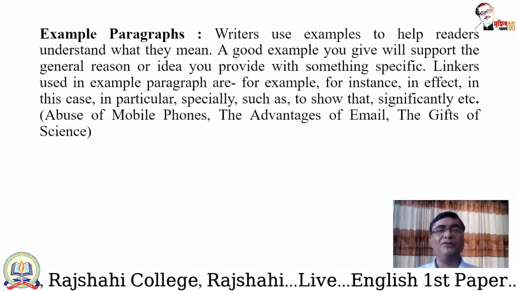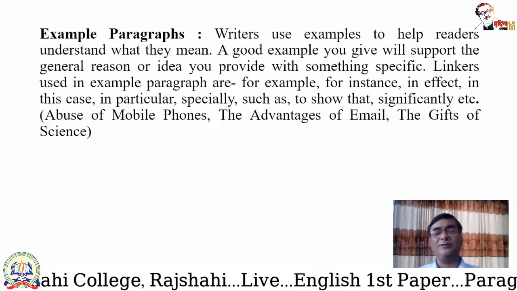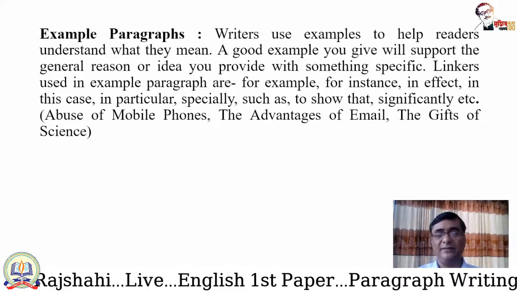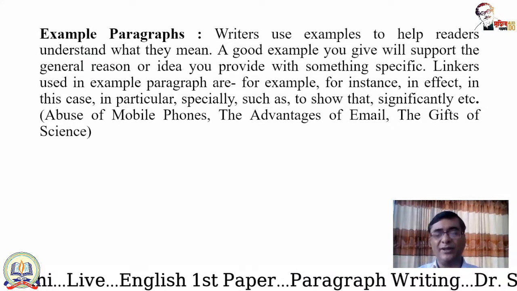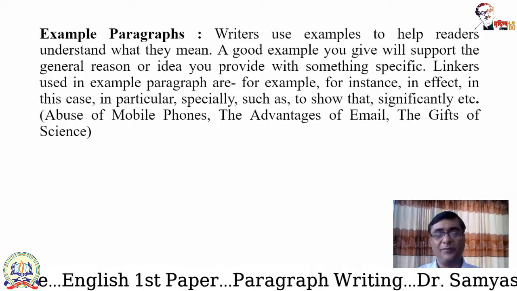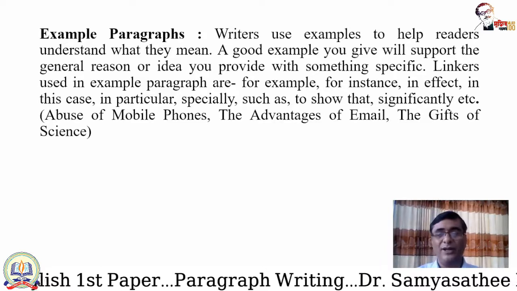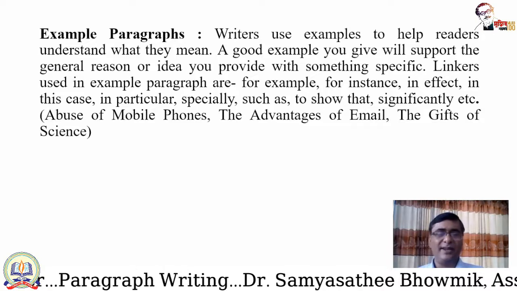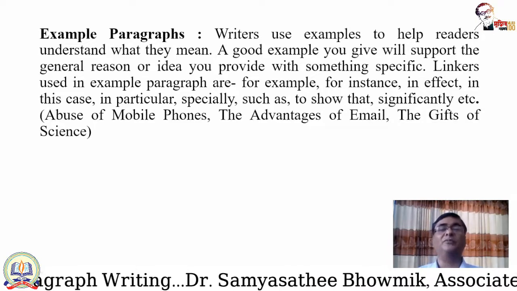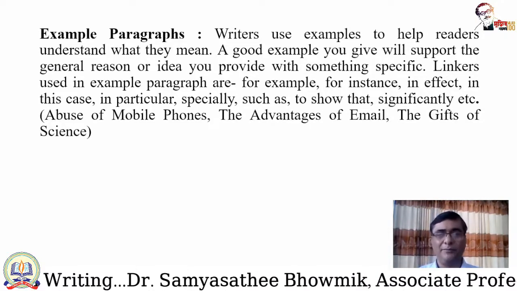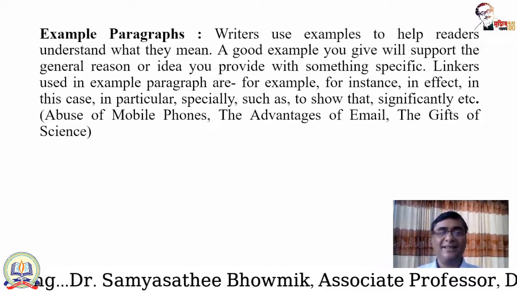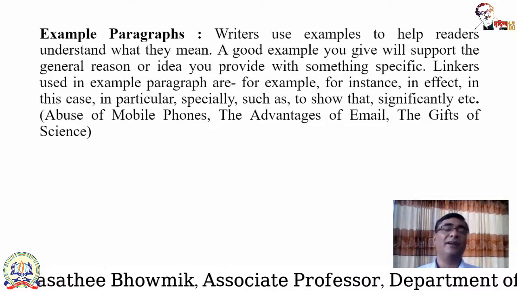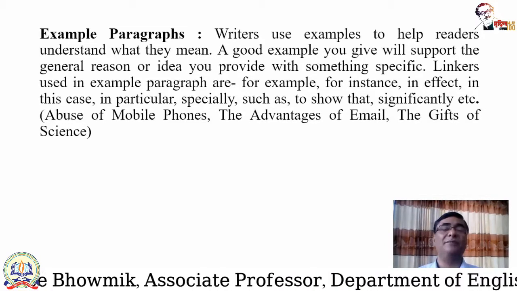For example, abuse of mobile phones. It may seem to you that abuse of mobile phones belongs to the category of listing paragraph. But just try to understand there is a subtle difference between qualities of an ideal student and abuse of mobile phones. When you are writing a paragraph on the abuse of mobile phones, you have to give some examples, not simply a list. For example, students spend much time playing video games.